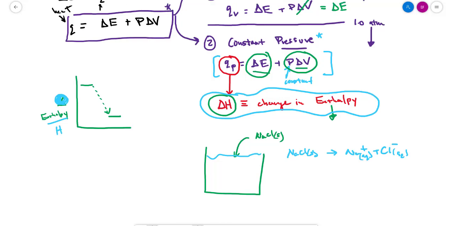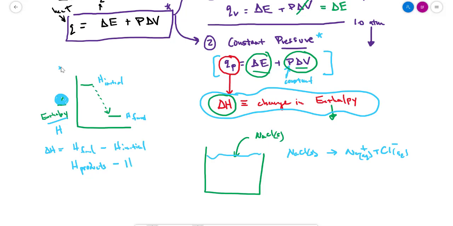So when we're thinking about the change in enthalpy, say on this picture over here, this delta H is going to be whatever the H final minus the H initial. So we'll write this as H final minus H initial, which is the same as writing this as the enthalpy of the products, where you finish, minus what the enthalpy of the reactants were to start with.